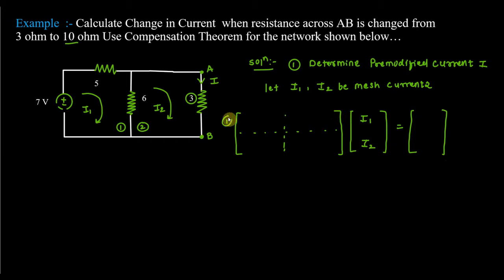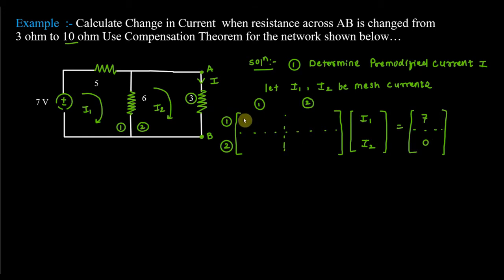This is mesh 1 and mesh 2. What is the voltage in the first mesh? 7 volt, and this is a voltage rise when you follow the clockwise direction. There is no voltage source in the second mesh, so we substitute 0.